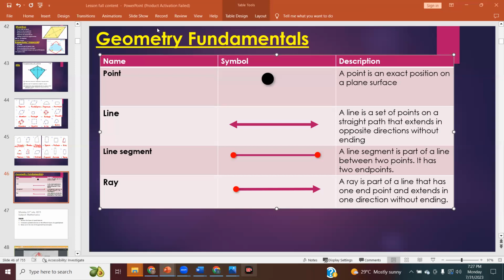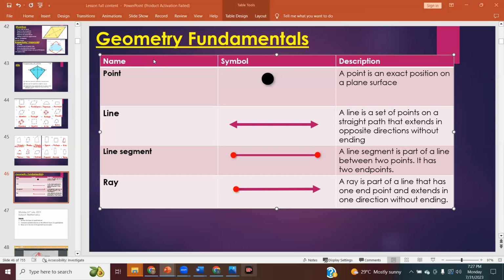Christian. Okay, count that from Christian. Jeremy, what is a line segment? A line between two points, two endpoints. Very good. How many endpoints does a line segment have?